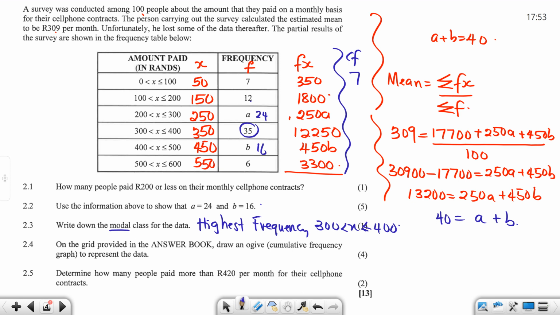So we add 12 plus 7, 19. 24 plus 19, 43. 35 plus 43, 78. 16 plus 78, 94. 94 plus 6, 100. So we add our cumulative what? Frequency. We okay with that? All right.